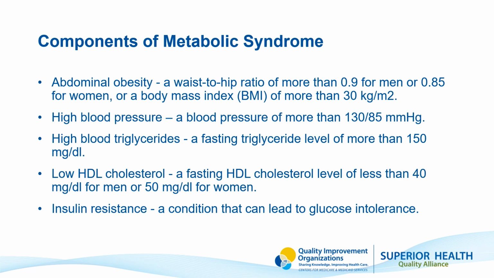Both of these need to be in range. High LDL, which is your bad cholesterol, and as a result of having high triglycerides. A fasting glucose greater than 126 for a person with diabetes. Again, any of these components are 100% related to weight, which is why this talk is focused on obesity and weight.